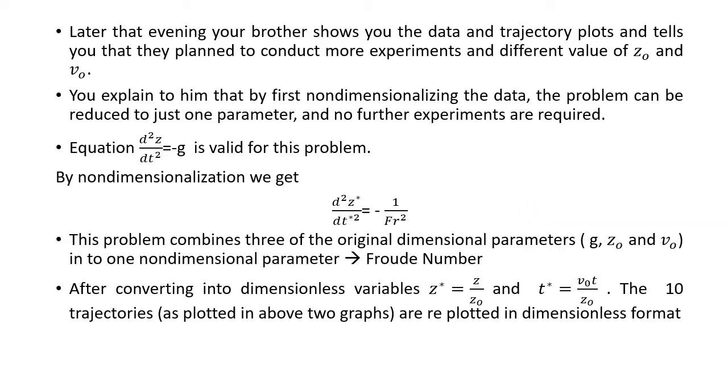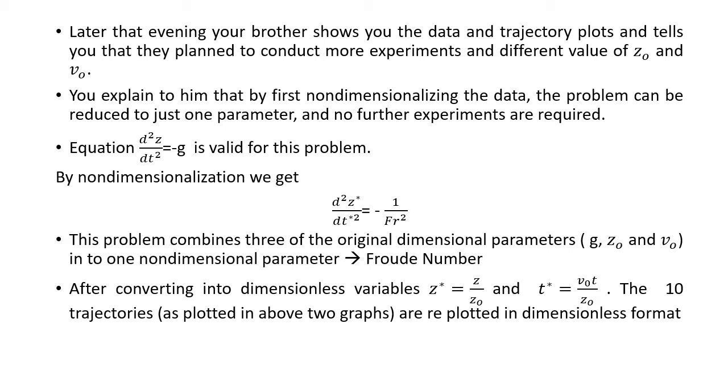Later in the same evening your brother shows you the data and trajectory plots and tells you that they plan to conduct more experiments at different values of Z0 and V0. You explain to him that by first non-dimensionalizing the data, since you know about non-dimensionalization of the units, the problem can be reduced to just one parameter and no further experiments are required.